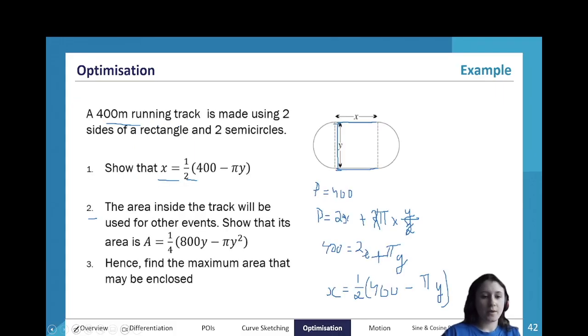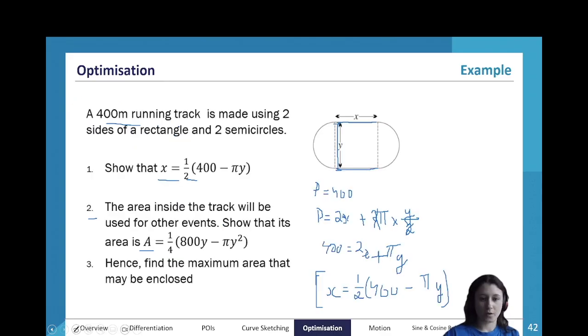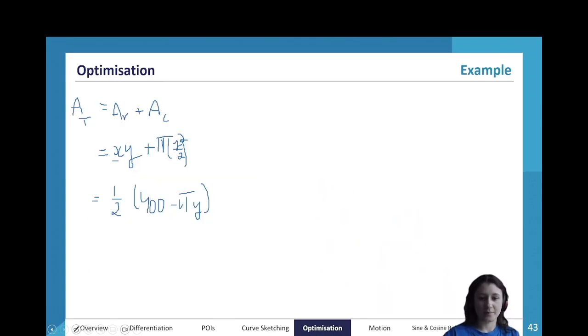Right, now we need to get this in terms of y only. So what we're going to do is we're going to substitute this formula we found from part 1 of the question in for x. So instead of having x right here, we're going to have half 400 minus pi y, because that is what we have in here.